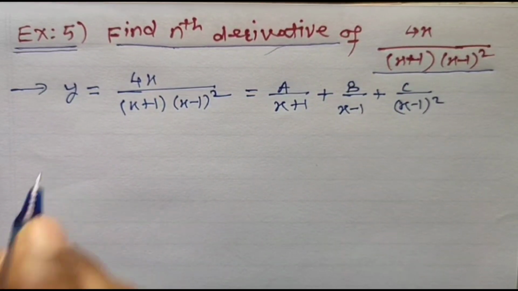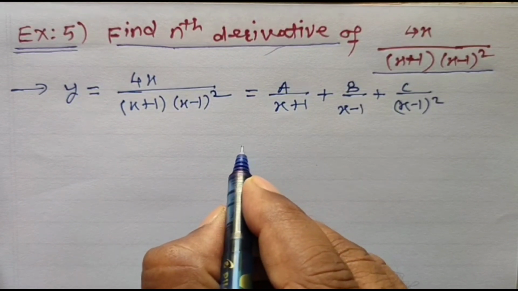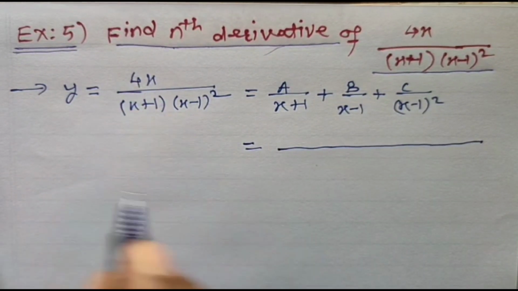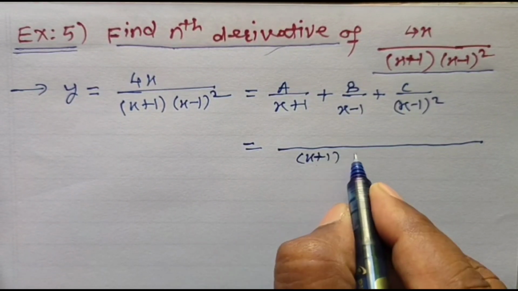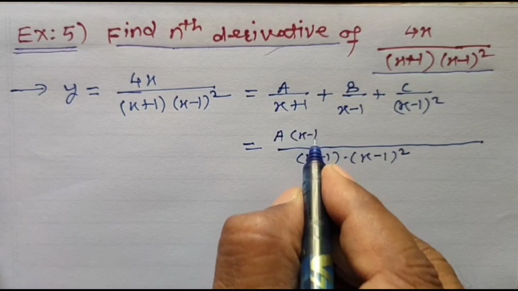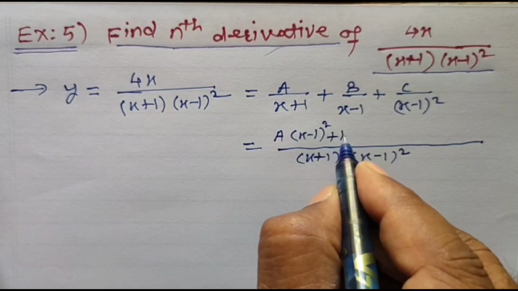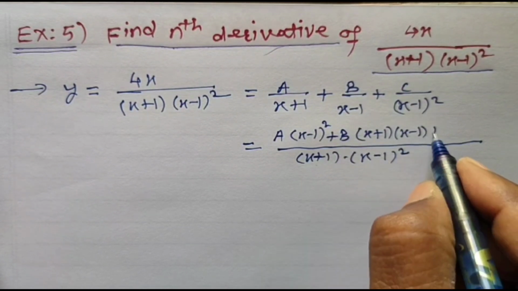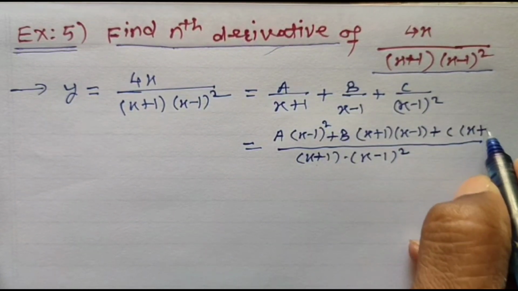Now taking LCM of right hand side, that is nothing but denominator of left hand side, x plus 1 into x minus 1 square: a into x minus 1 square plus b into x plus 1 into x minus 1 plus c into x plus 1.